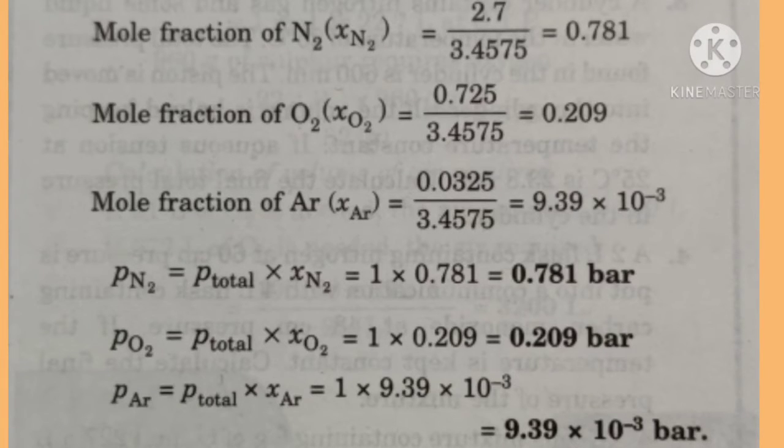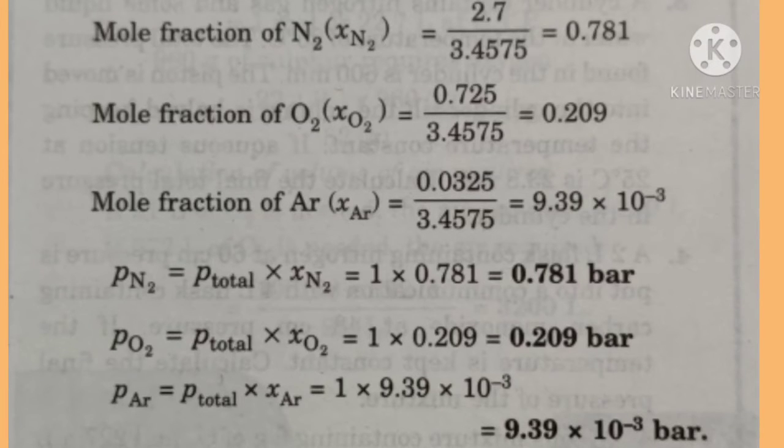Now we can find the partial pressure of nitrogen, which is equal to P total into mole fraction of nitrogen. P total is 1 bar, so 1 into 0.781 is equal to 0.781 bar. Then the partial pressure of oxygen is total pressure into mole fraction of oxygen, which is 1 into 0.209, equal to 0.209 bar.